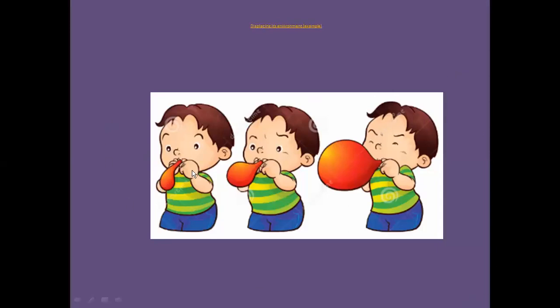So, balloons. Blowing the balloon, I think we all can imagine this. Yeah, it is a wonderful experience. It's very nice.